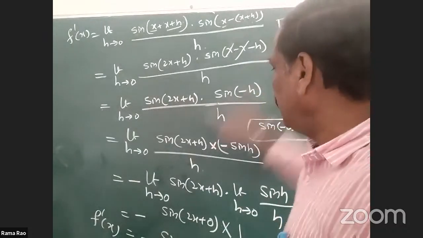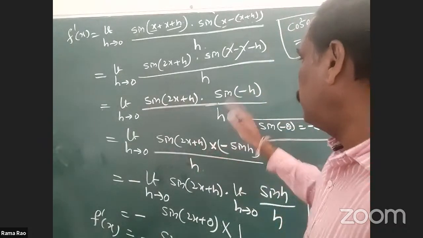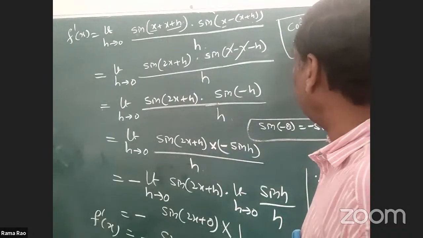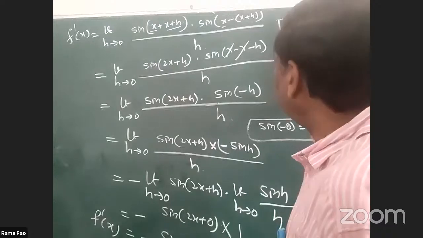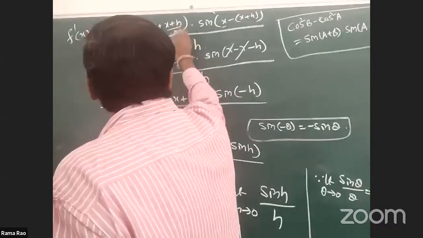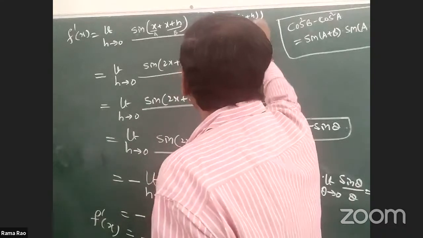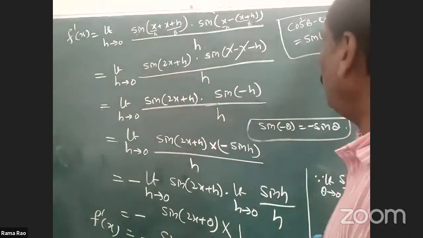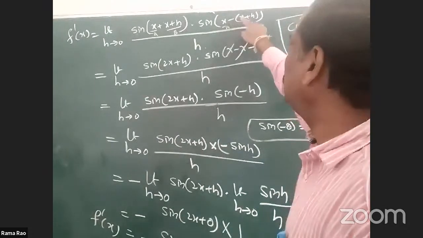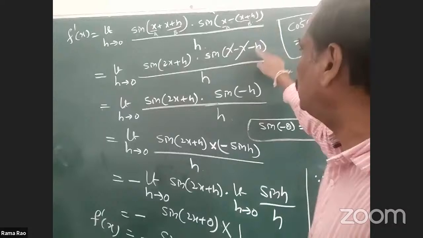Here b means x plus h, and a means x. This is the a, this is the b. Sine of a plus b into sine of a minus b: minus into x minus x, minus into h minus h.